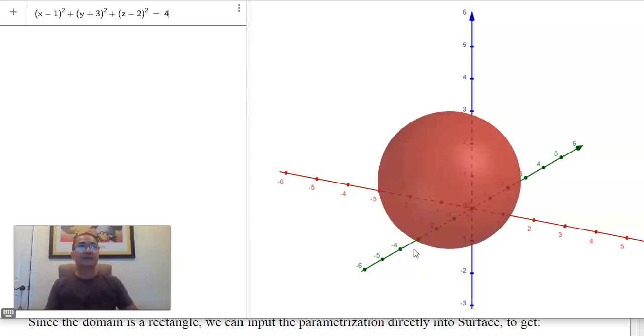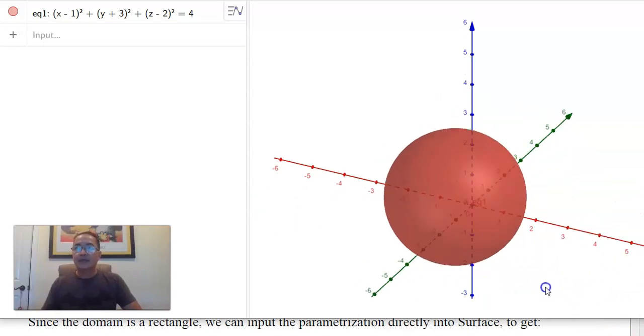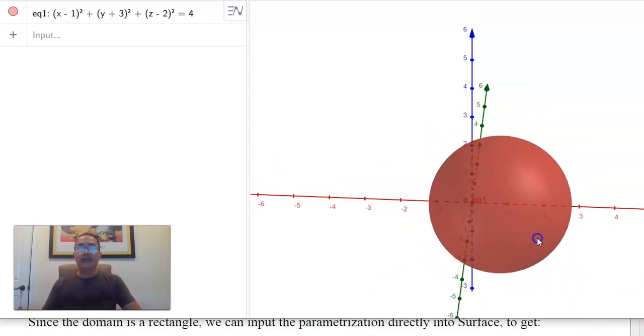Not a very big sphere. So there we go. What if we want only the upper half of that sphere? The radius is 2.